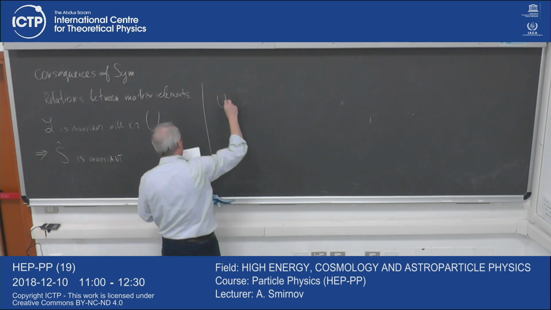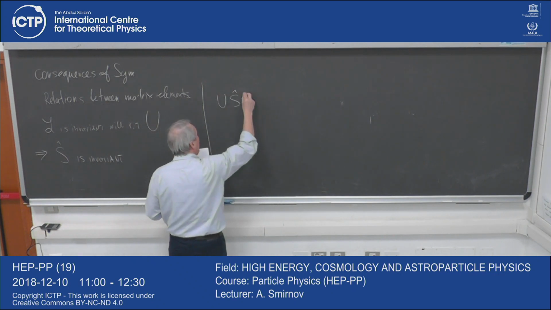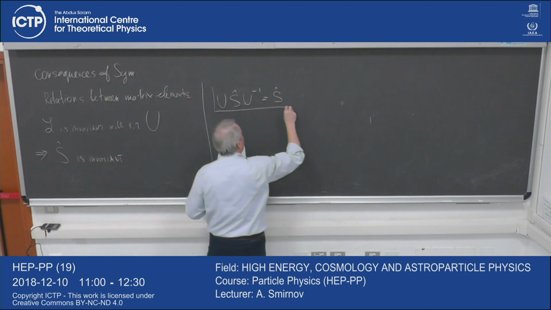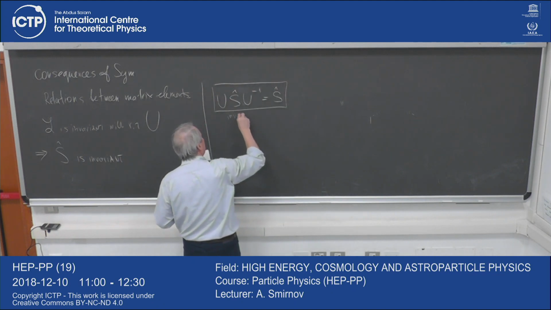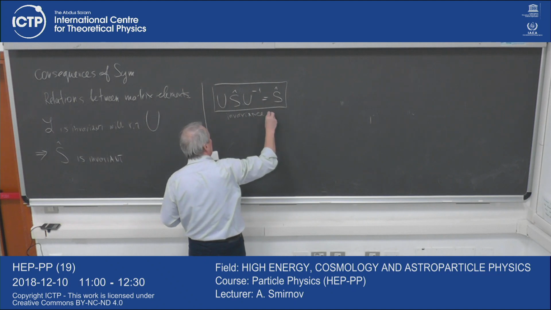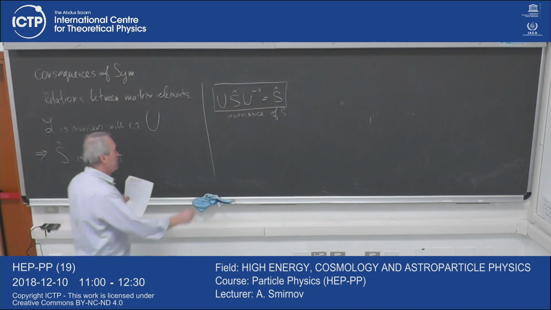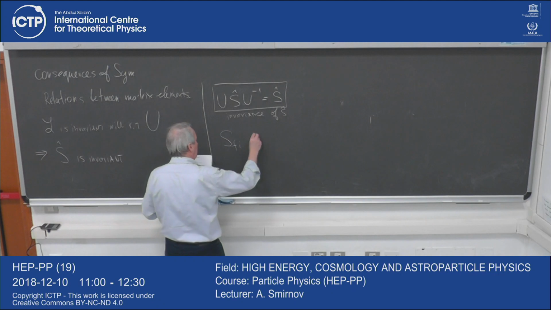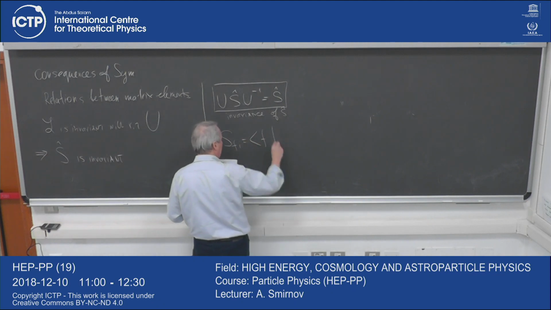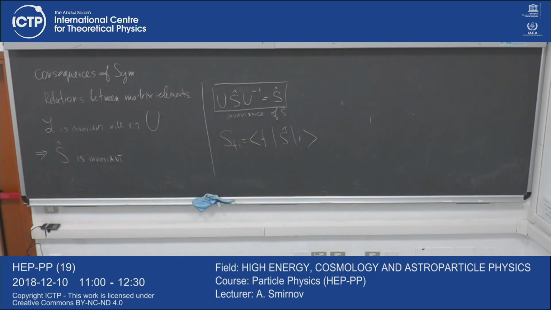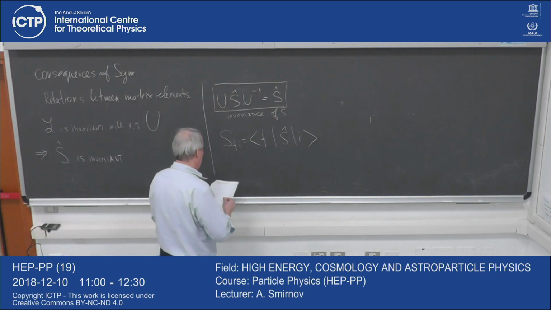So invariance means that U acting on S, U minus 1, is S. So this is invariance of S. So let us consider the matrix element between the states F and I, and I put here this S operator.